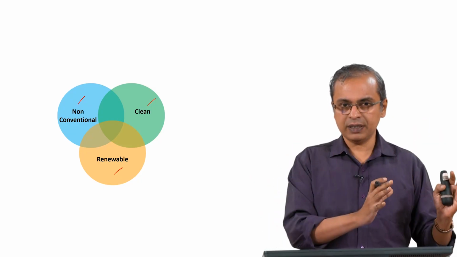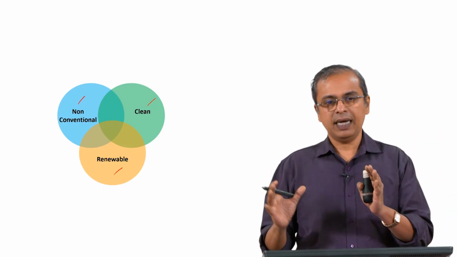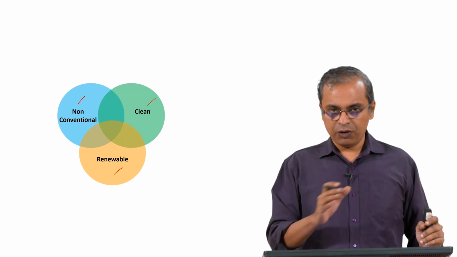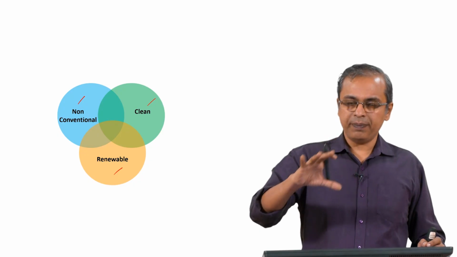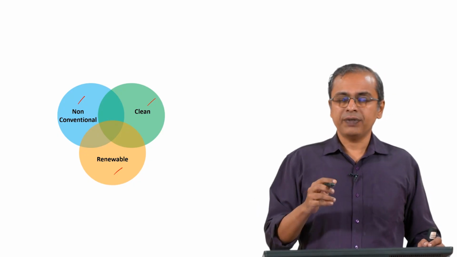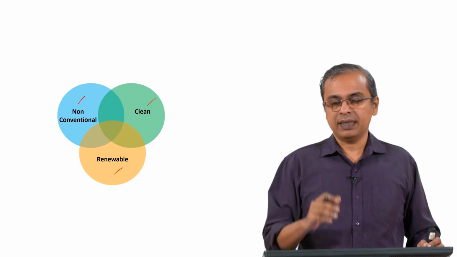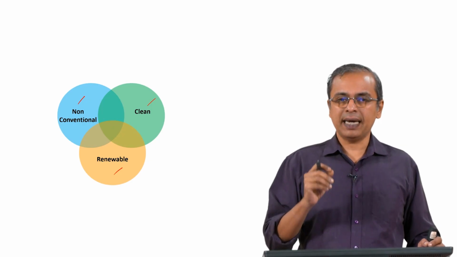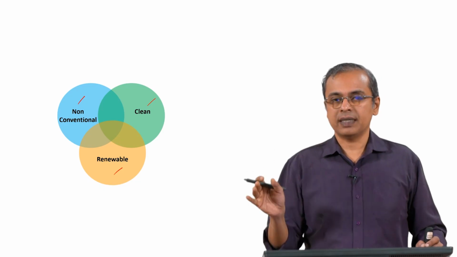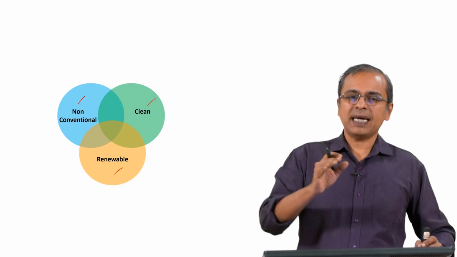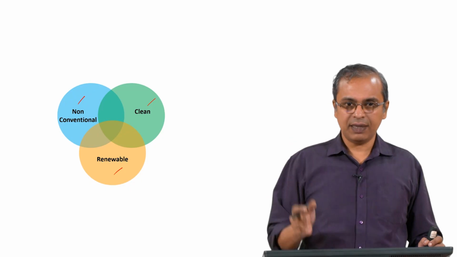Some of them are non-conventional, some are clean and some are renewable. If you draw a Venn diagram, you find that you can make groupings which are not necessarily completely overlapping, and that is why we have to be careful when we see an article where these terms are used interchangeably. They are not exactly equal to each other, that is the point I wish to make.